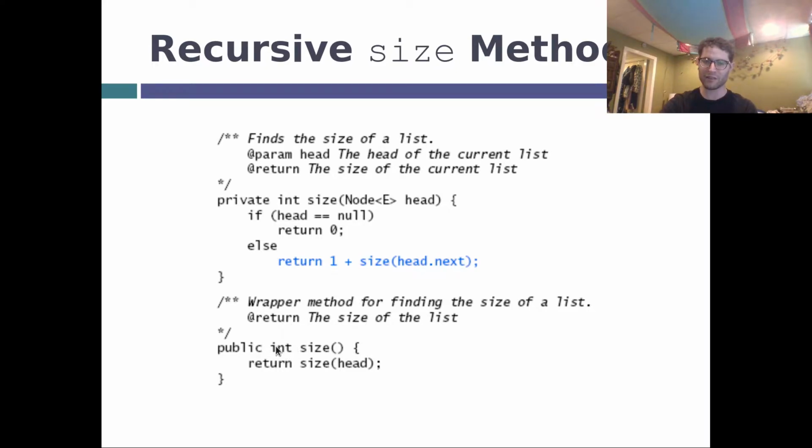All this does is return size(head), which returns the size of the linked list that starts at head. If head is null, that's our base case. We return 0. Else, we return 1, because we know that this linked list has at least 1 node in it, which is head, plus the size of the list that comes after head, head.next, the size of the list that starts after it.